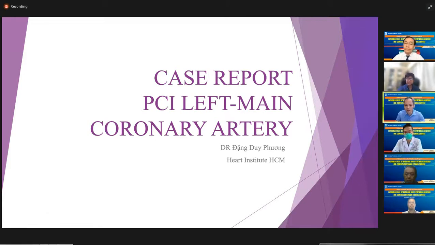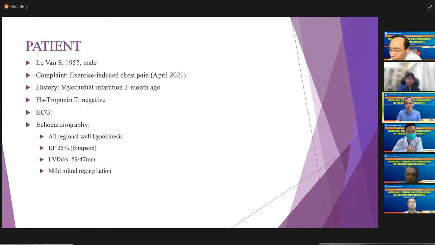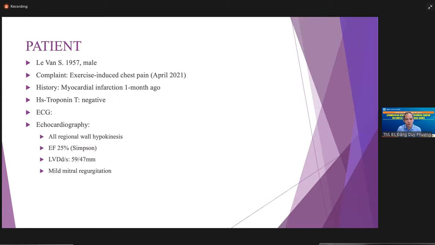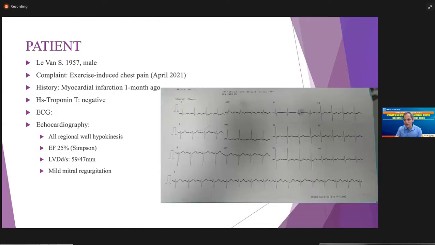Good afternoon, everyone. Today I will share a case report of a left main coronary lesion. The patient is a 64-year-old male. He had chest pain 1 month ago. He came to the hospital with heart failure, EF is 25%, and a dilated left ventricle, with middle mitral valve regurgitation. This is the ECG.